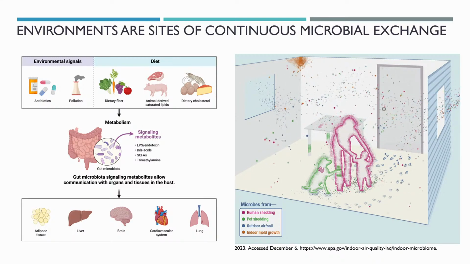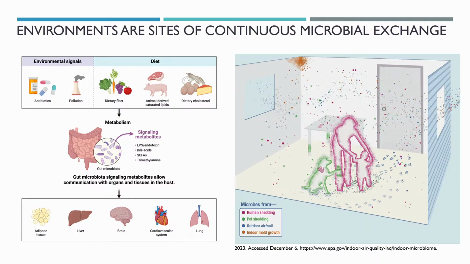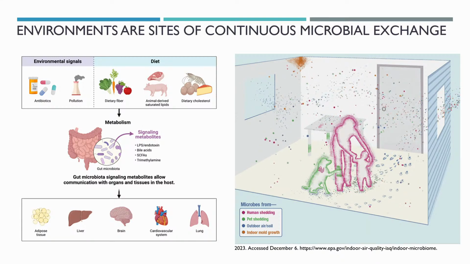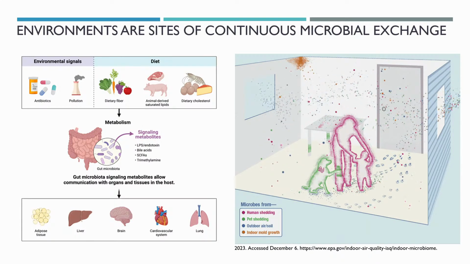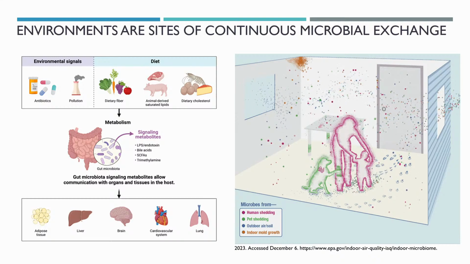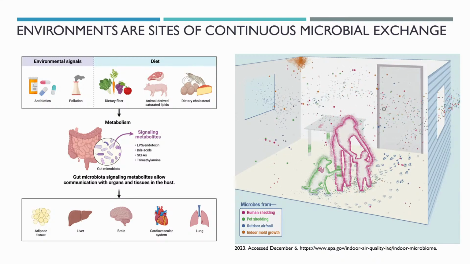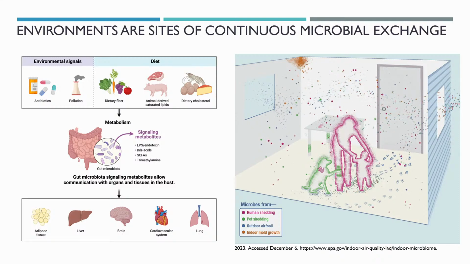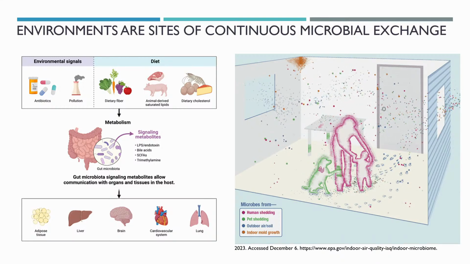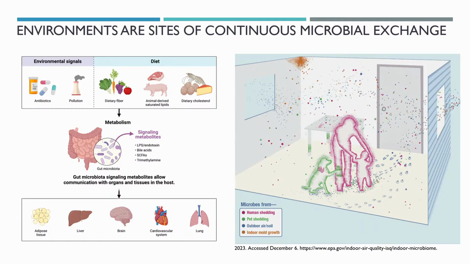Environmental signals could be pollution. It could also be introducing something like antibiotics. And diet obviously is also a big one, and we'll talk about that. Dietary fiber is known to be very good for you. It helps to improve your microbial diversity and metabolism.